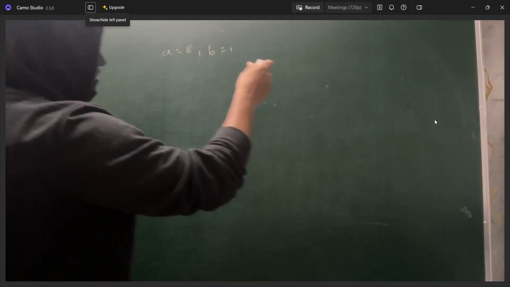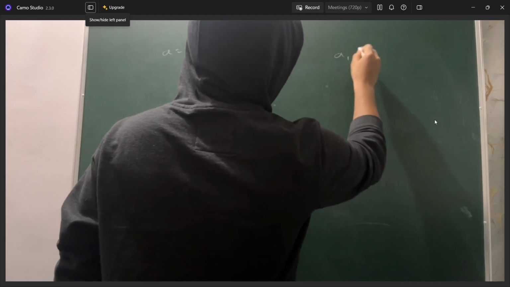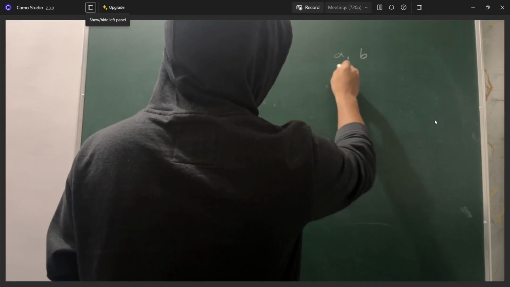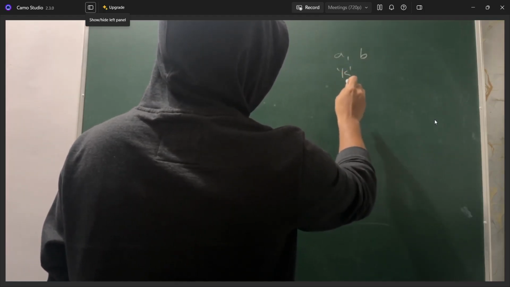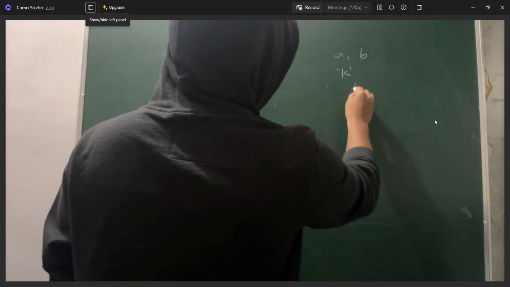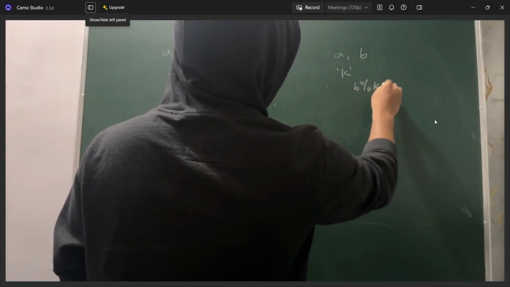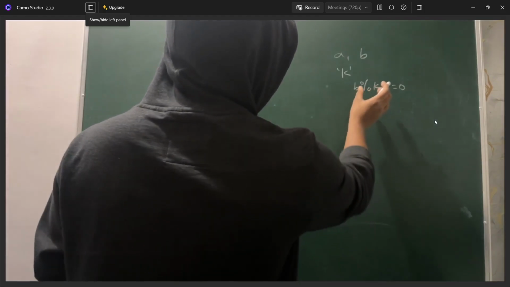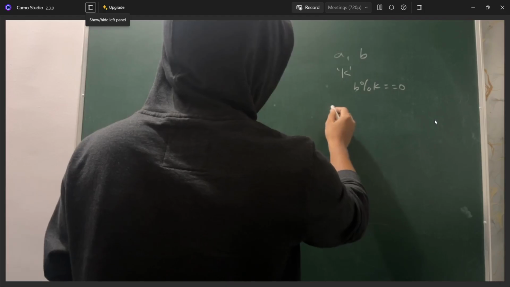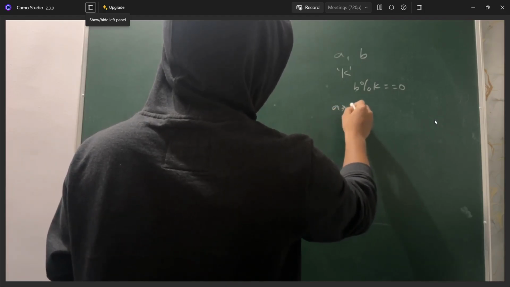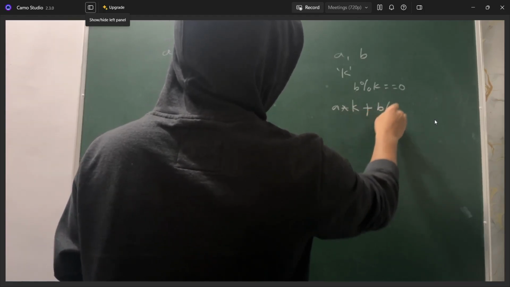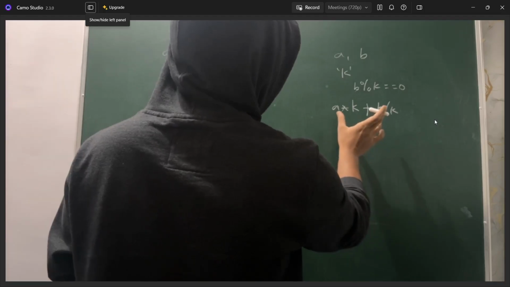They have given a and b, which are integers, and we have to choose an integer k in such a way that b modulo k is equal to 0, which means k divides b perfectly. Then in the next step you will do a into k and b by k.